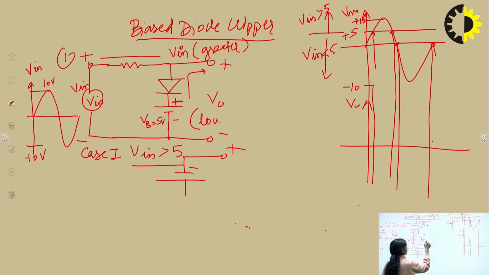So we can say this is at lower potential. So if we now see across the diode, positive is connected to higher potential, and diode negative is connected to lower potential. So in this condition also we can say diode is forward biased and becomes short.